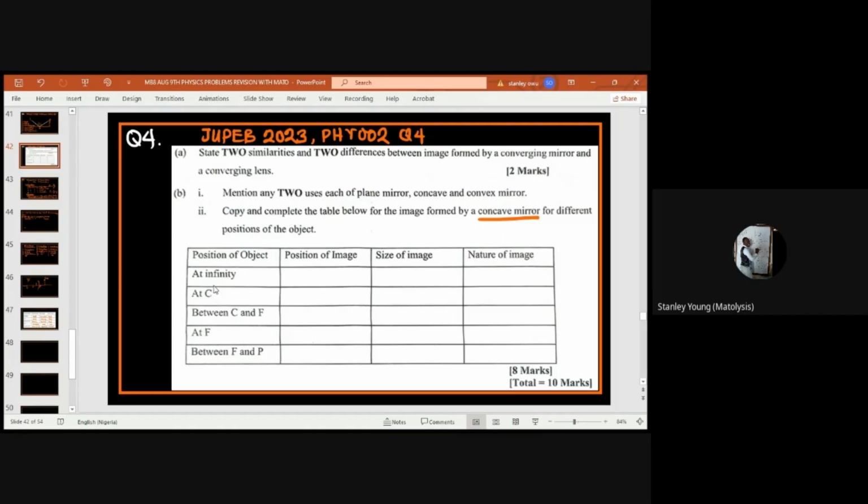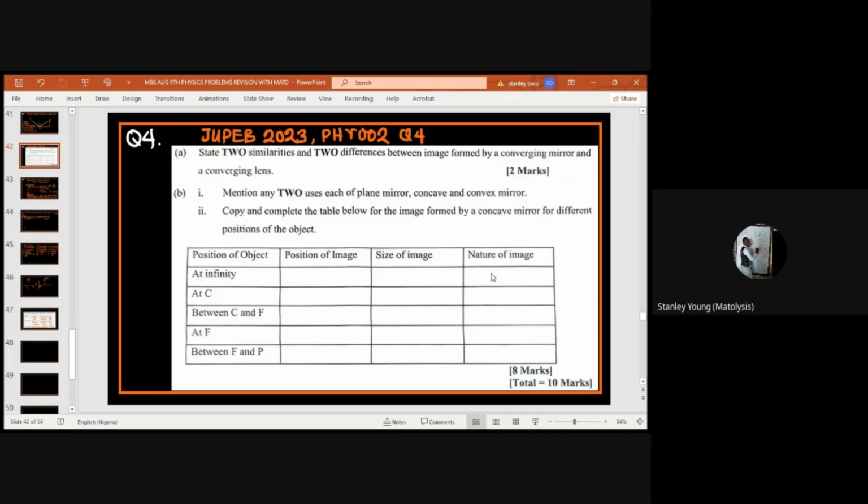For instance, instead of using center of curvature, they will use a statement like 2F, that's twice the principal focus. So those are the things that will change. Instead of having a C expression, they will change it to 2F. The properties of such images are still the same as those of a concave mirror. A convex lens and a concave mirror have virtually the same kind of characteristics.